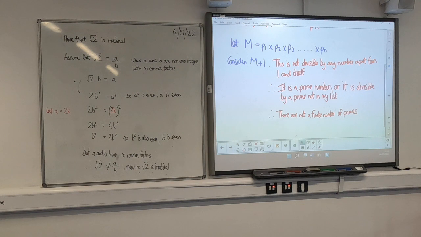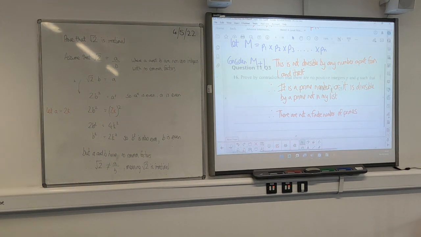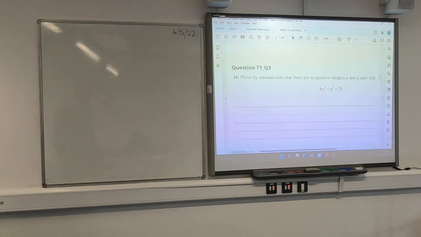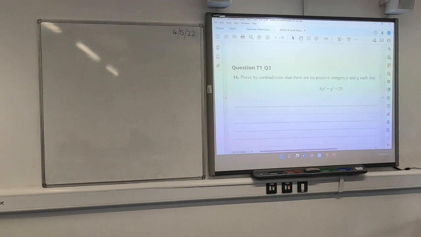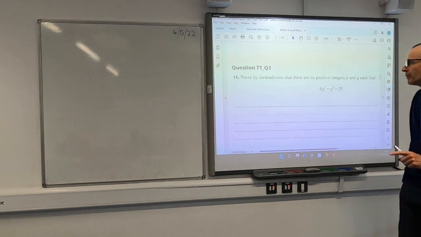So the syllabus says proof by contradiction, including proof of infinitely many primes and the irrationality of root 2, plus unfamiliar context. So that means non-standard textbook cut and paste examples. So here's an example of an unfamiliar one that isn't a standard textbook one. There's the reference to proof by contradiction.